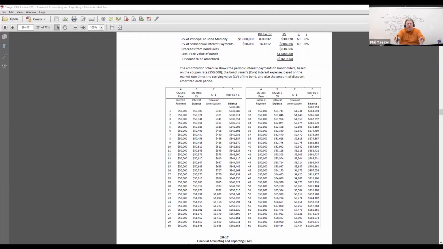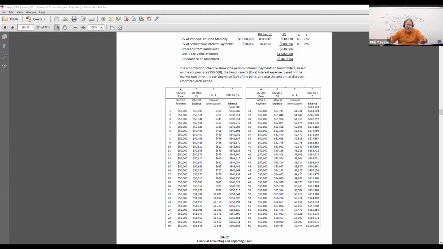When I come up with this price of 838,386, you see that? Yeah. What I'm saying is that's the price I'm selling the bonds for. Take into account that at maturity, those bondholders are going to get $1 million, right? Right. And that $1 million is basically the difference between the carrying value and the what?